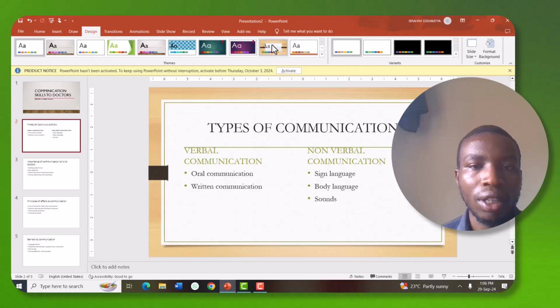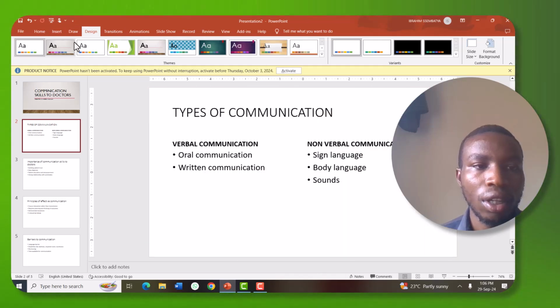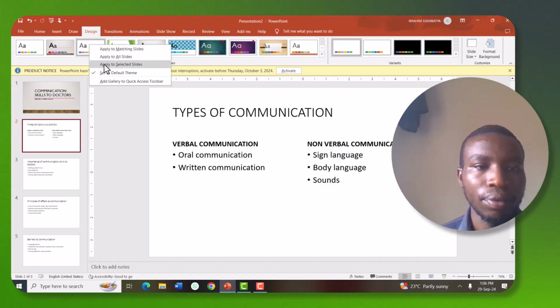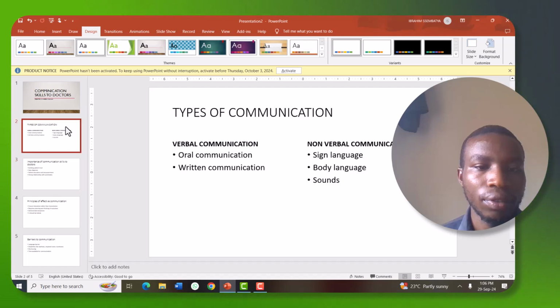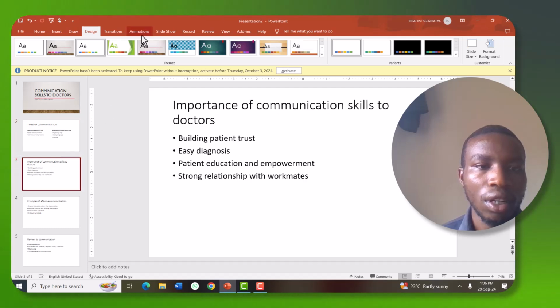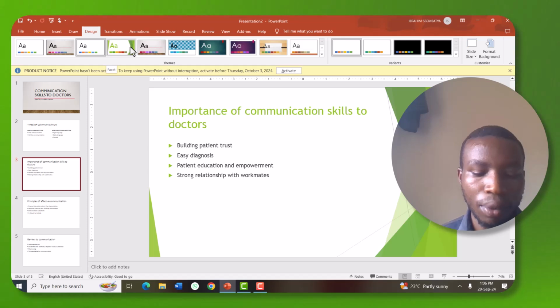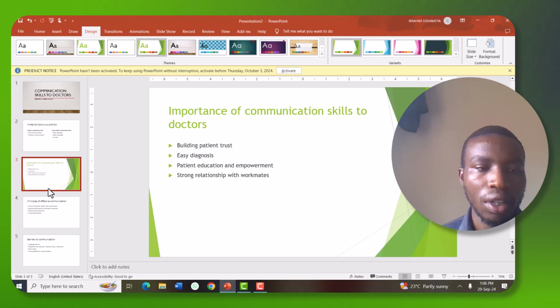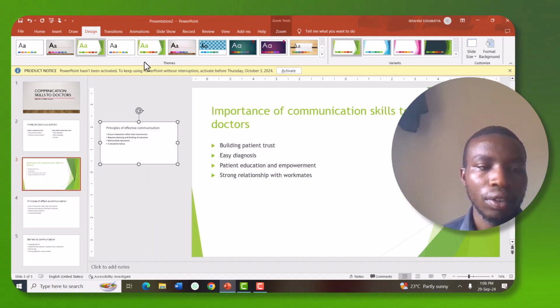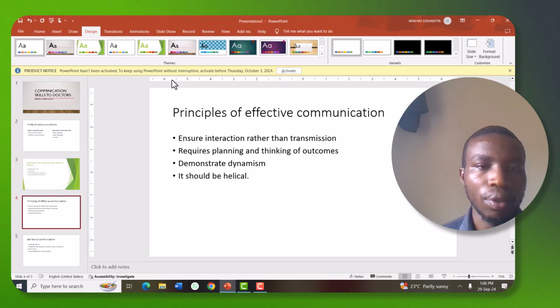I'm going to apply another design, do the same. Slide 3, I am going to apply this in slide 3, and slide 4.